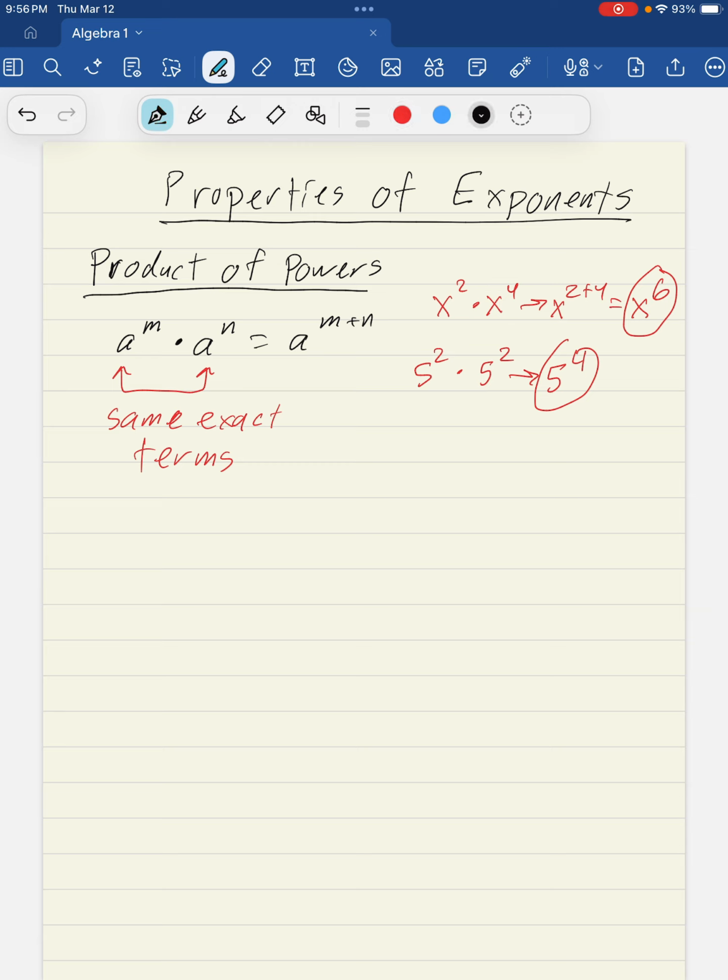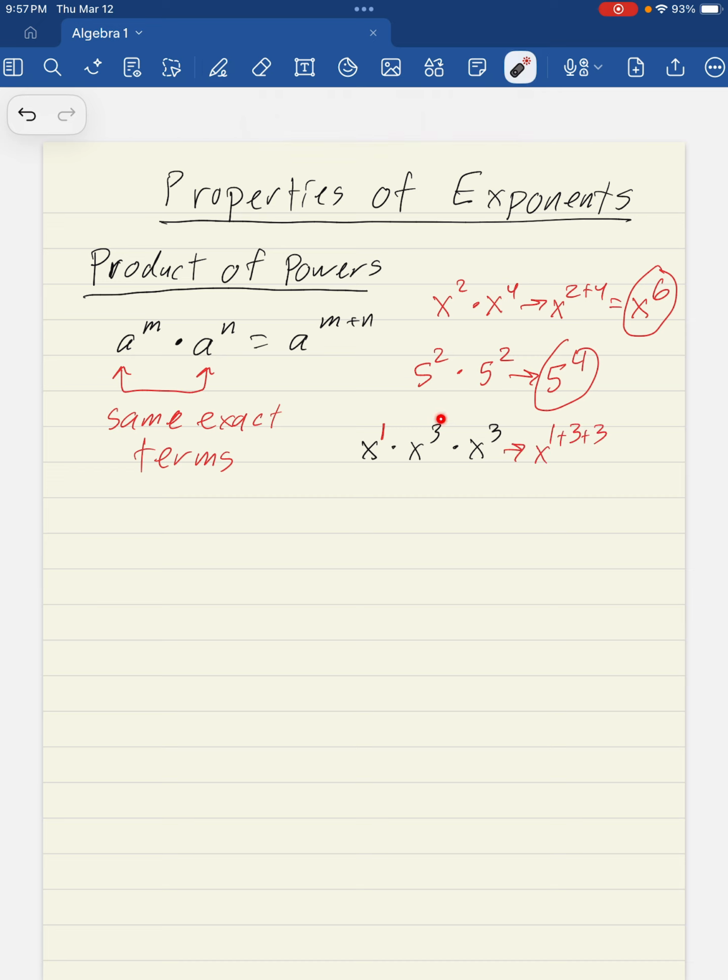You can also see this with multiple terms, like x times x to the 3 times x to the 3. And right here, you're going to notice the first term doesn't have an exponent. If nothing's there, it's an invisible 1, so we're going to put that in there. So this would be x to the 1 plus 3 plus 3 power.